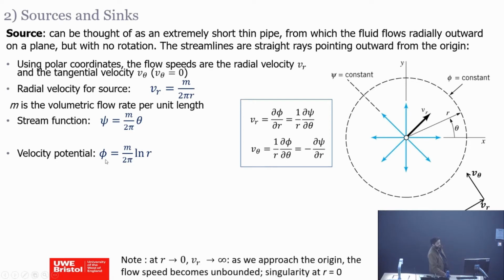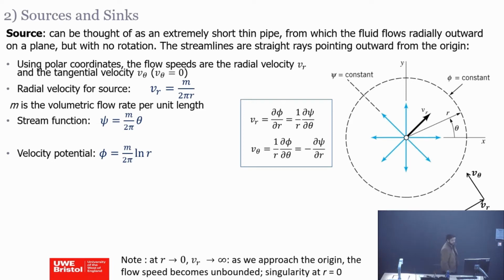So if we go towards r equal to 0, then the speed will go to infinity. Now, is that something real? Is there anywhere where speed can go to infinity in real life? No? So that's not physical, is it?